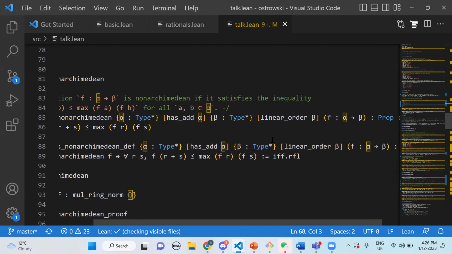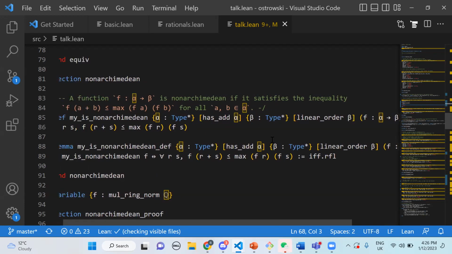Now we think about, if we want to make this true, what properties do we need? The first thing is that we need to add elements in alpha because we have r plus s. That's why we have the HasAdd assumption. If you delete HasAdd, Lean will tell you that it can't do that because it doesn't know whether we can add elements in alpha. Similarly, we need beta to be a linear order.